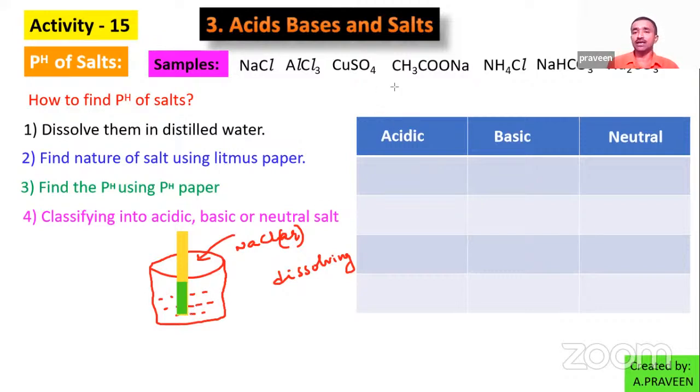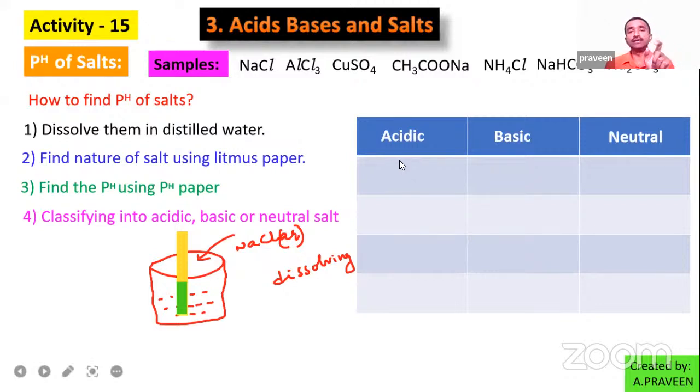So automatically, we can decide the nature using the color of the litmus paper, universal indicator. So yellow paper turns into green color, then the pH value is assigned 7, neutral. So we can classify the salts.